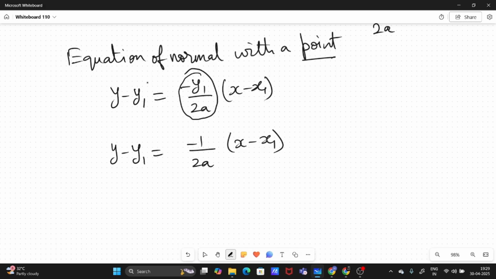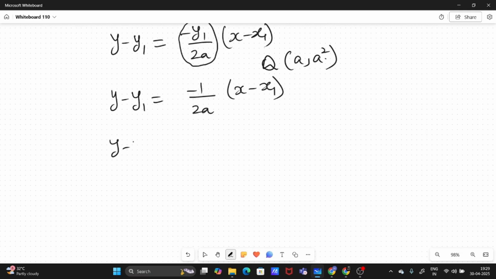Now with a point, take the same point Q, and just substitute all those values. Here, y minus a square equals -1 over 2a times (x minus a).